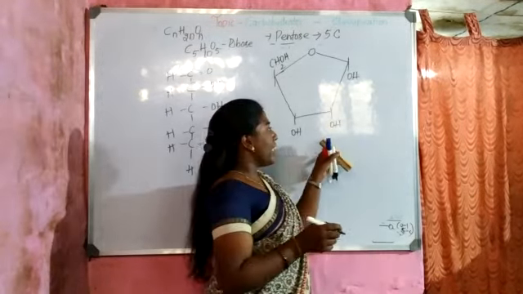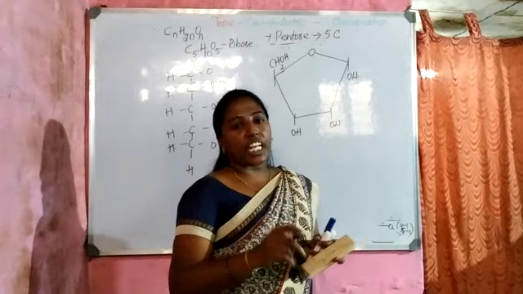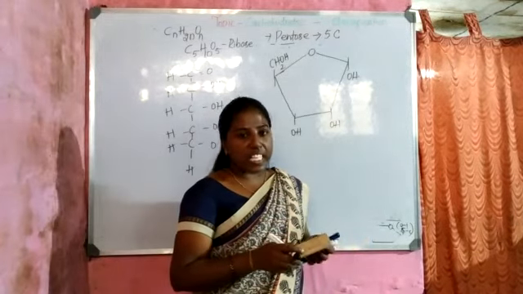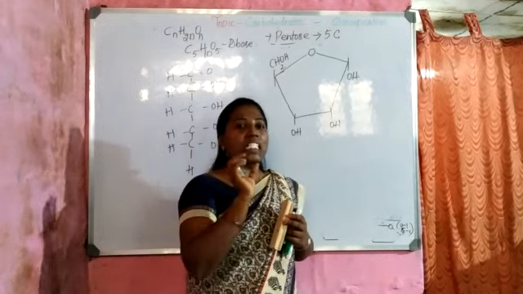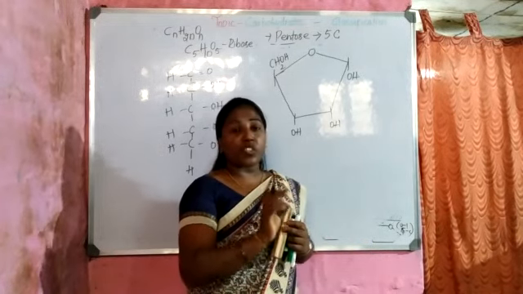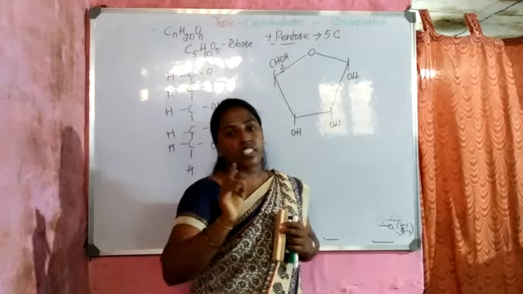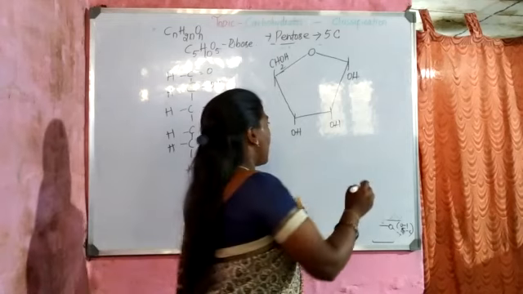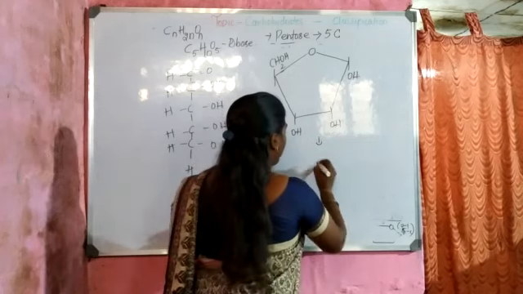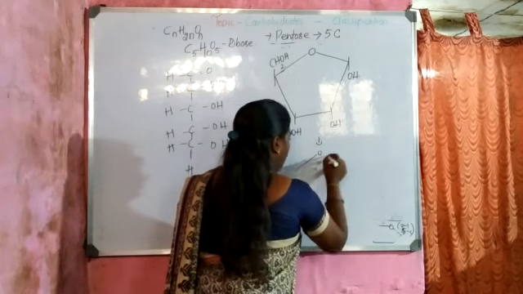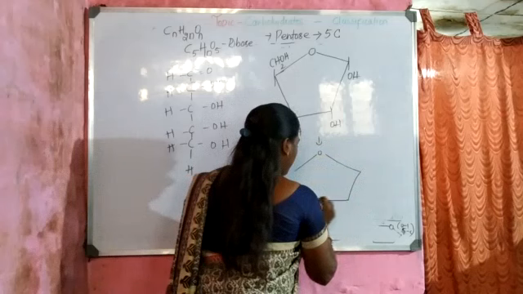What is the difference between ribose and deoxyribose? The name itself tells you that deoxyribose is deficient of one oxygen. I'll write the ring structure of deoxyribose.